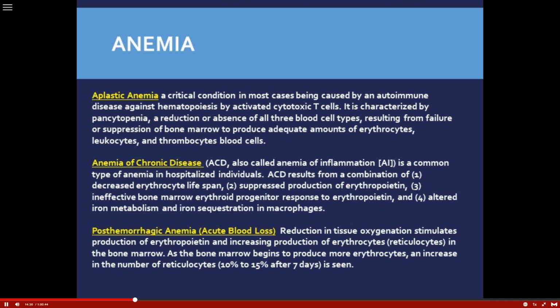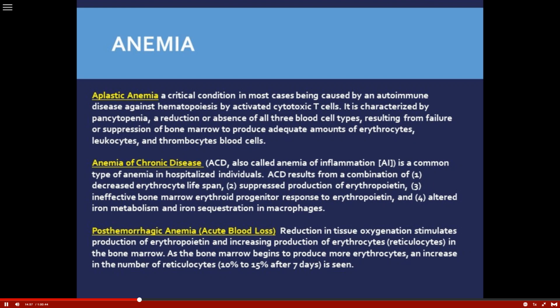When we think about aplastic anemia, it's a critical condition, and the main cause, I should say, is an autoimmune disease against hemopoiesis. And this is caused by those cytotoxic T cells. But it's characterized by pancytopenia. So when I say pan, that means all of them, all right?